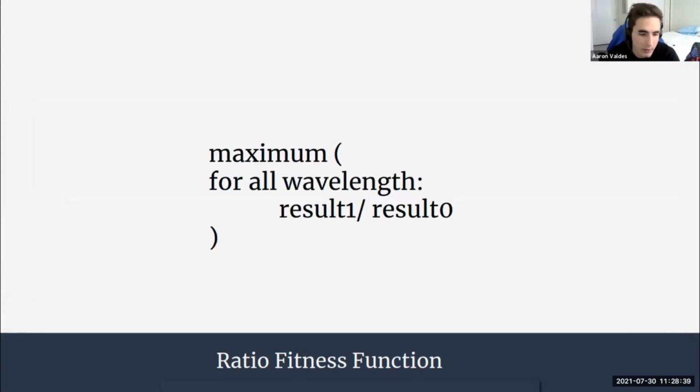As you can see, our main goal in the ratio fitness function is to obtain the maximum ratio between the absorption of the crystalline state over the absorption of the amorphous state for all the wavelengths.